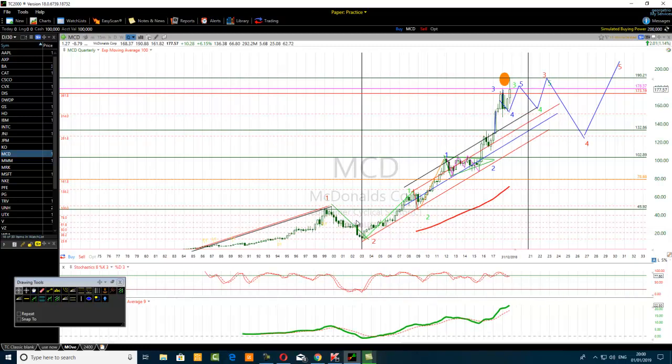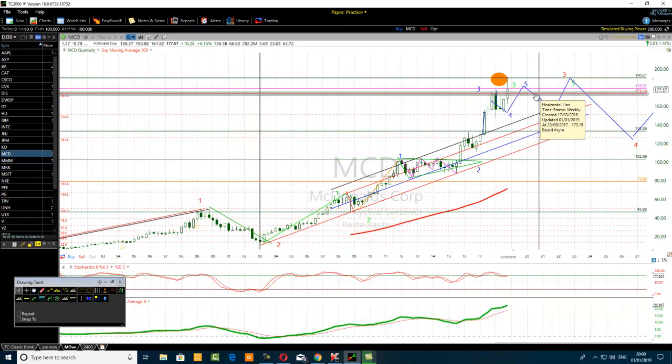Do you see now? That red line is a very important key level.